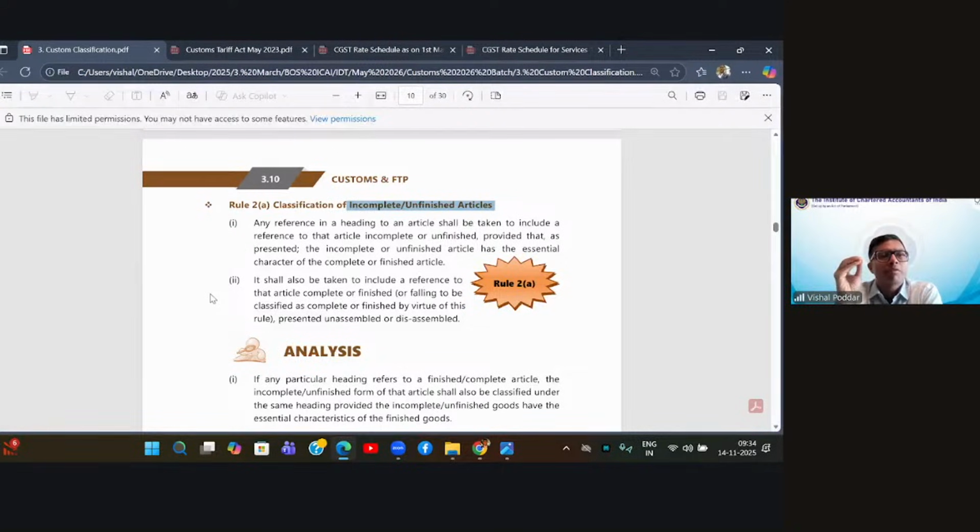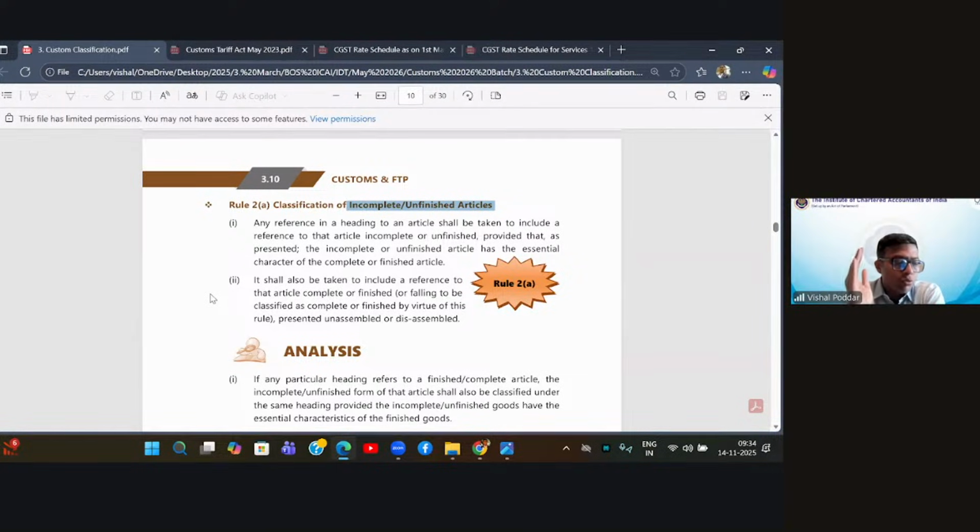Giving you the best example of cycles, motorcycles. When cycles and motorcycles are dispatched by the manufacturer, they are not dispatched in the complete finished form. They are kept unfinished, unassembled. In case of cycles, different parts are sent.